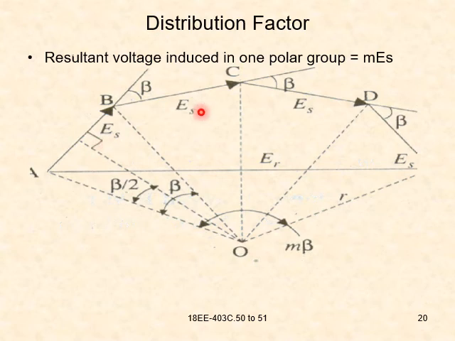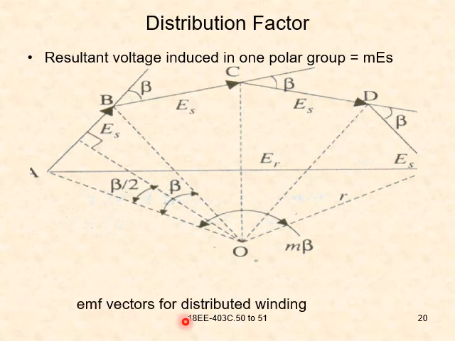So these are the ES values: A to B, B to C, C to D, D to E, and so on. This A to E will be the resultant ER. So this is the EMF vectors for distributed winding.